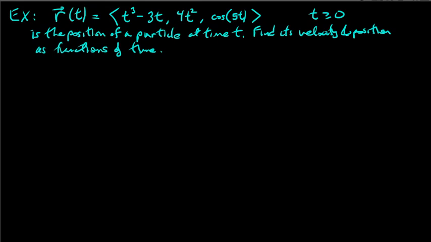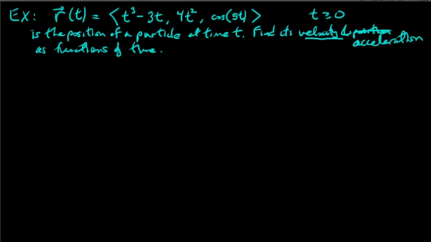Let's not go backwards in time, in other words. So this is the position of some particle at time t. Find its velocity and its, oh, sorry, not position, acceleration. So find the velocity and the acceleration at time t, at any given time.